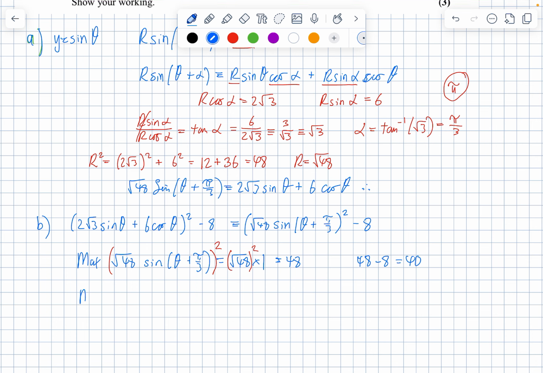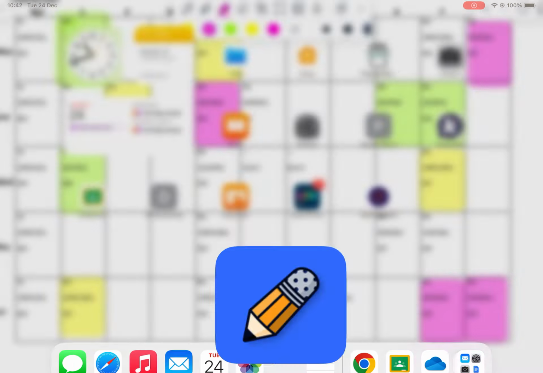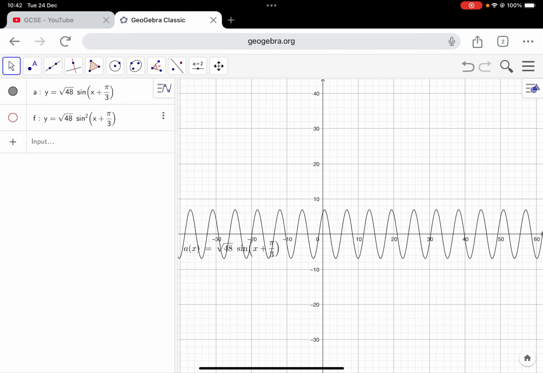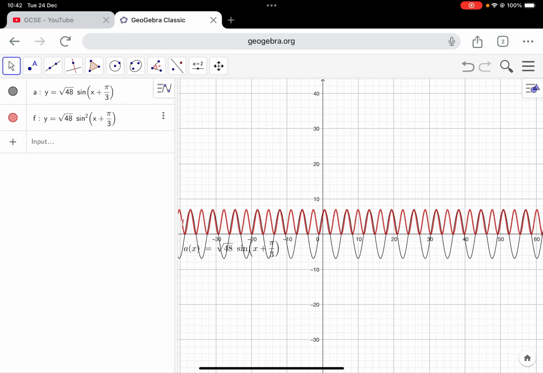Now what's the minimum? Okay, well, let's think about something for a second. So this is the graph for root 48 sine x plus pi over 3. Now what happens when I square it? Remember, all the negatives are squared, so basically all of my answers are positive.